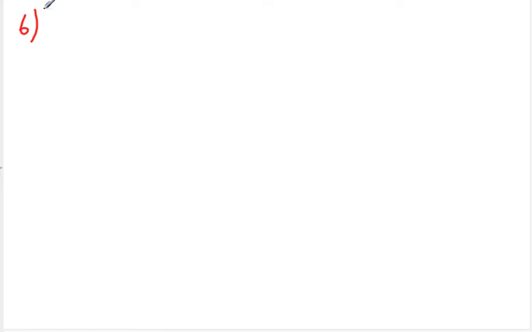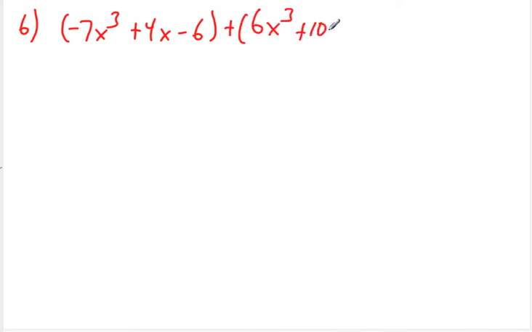We have negative 7x cubed plus 4x minus 6 plus 6x cubed plus 10x squared plus 3. Okay, first parentheses, actually neither parentheses is doing anything because there is a plus sign here.